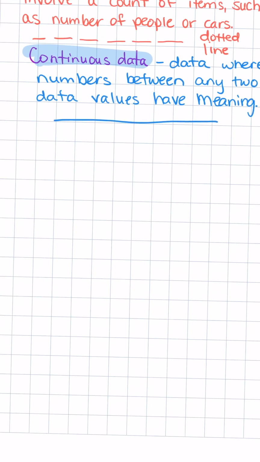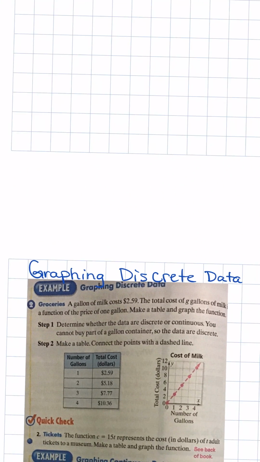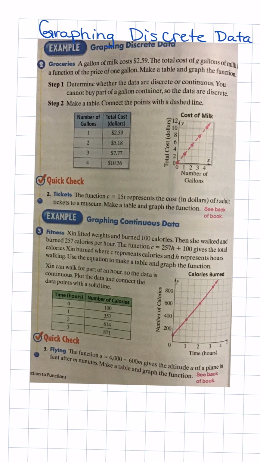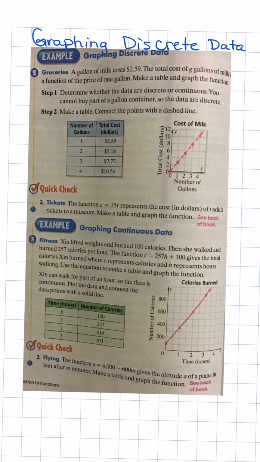I skipped down here because I needed more space. Now we're going to take a look at graphing discrete data. If a gallon of milk costs $2.59, the total cost of G gallons of milk is a function of the price of 1 gallon.